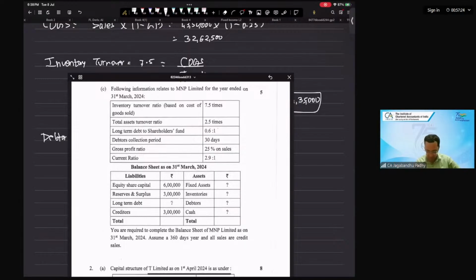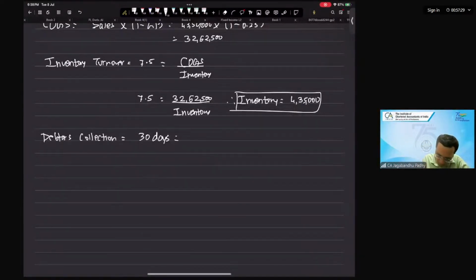Yes, we assume 360 days in a year. So 30 is equal to debtors upon credit sales into 360.